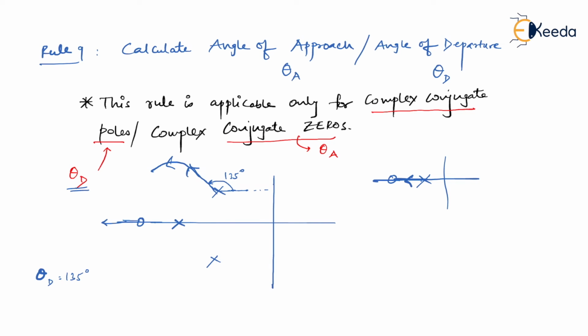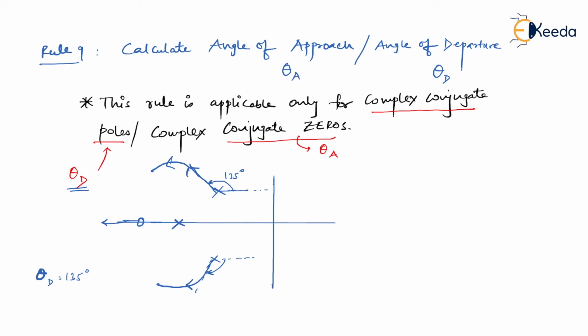Since your root locus is always symmetrical with respect to the real axis, whatever happens above the real axis, the same thing happens below the real axis also. So with the same angle, the root locus departs here too. So there we need something called phi d or theta d, that is nothing but the angle of departure. Let us understand how this angle of departure is calculated, okay?